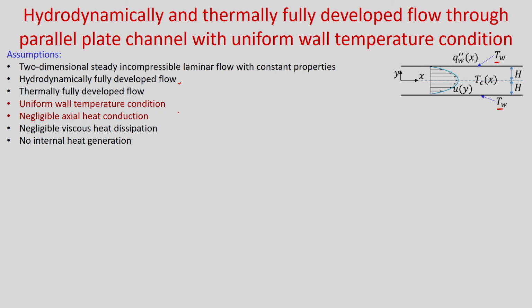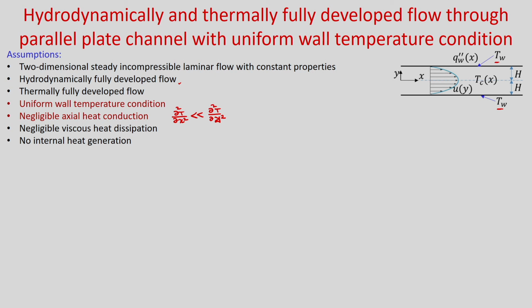That means your del 2 T by del x square is much smaller than del 2 T by del y square. So, you can neglect the axial heat conduction, and also we are assuming negligible viscous heat dissipation and no internal heat generation.